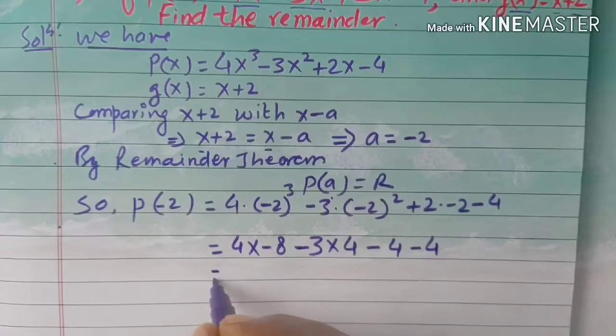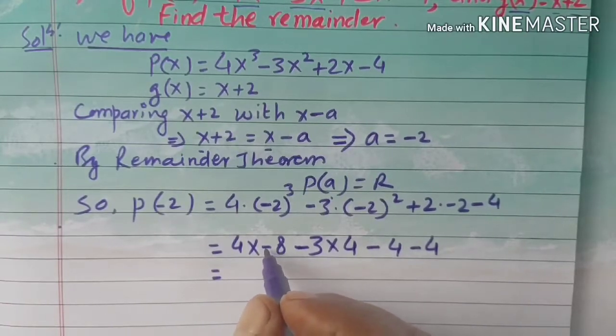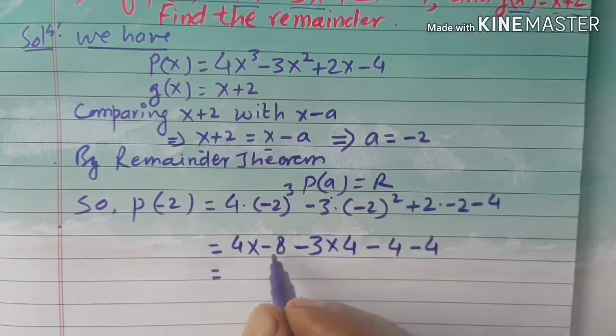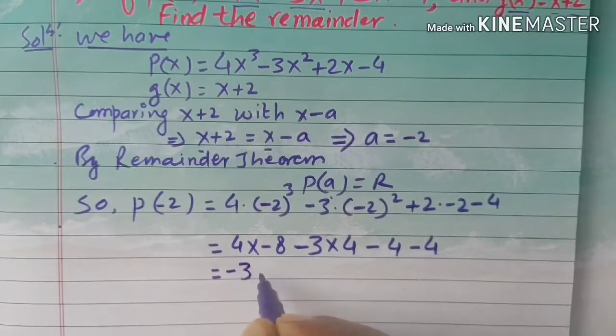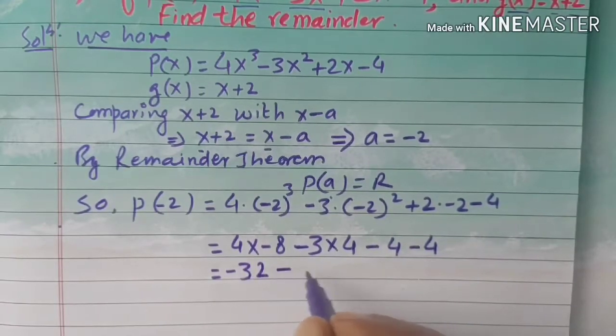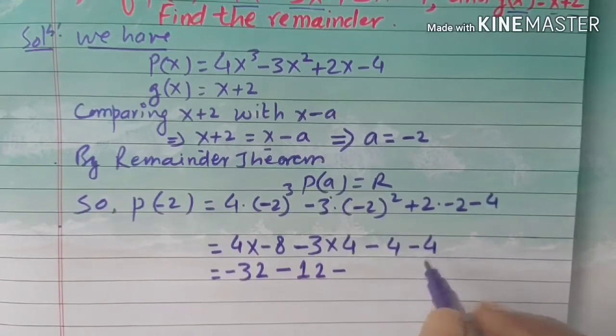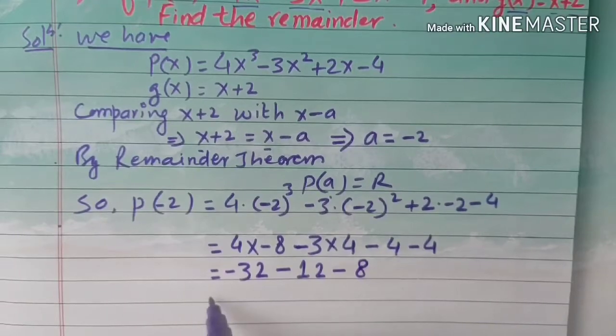This is equal to minus 8 times 4, which is minus 32, minus 3 times 4, which is minus 12, minus 4 and minus 4, which will be minus 8.